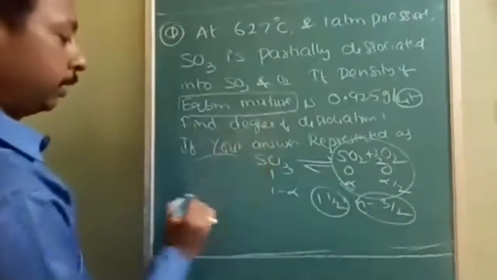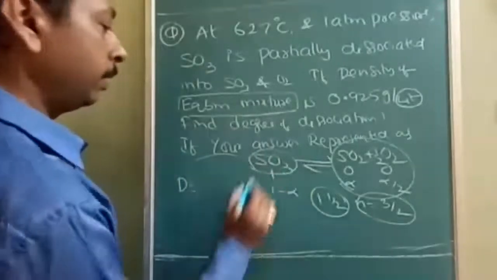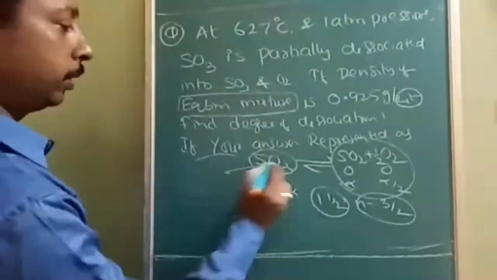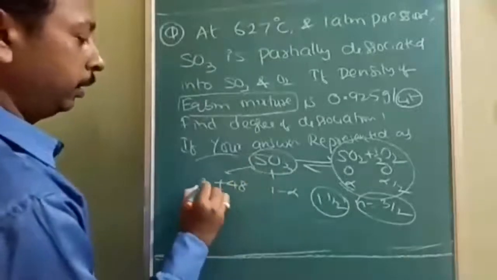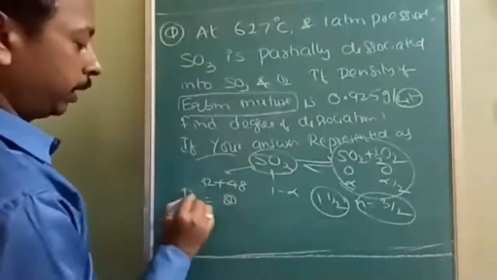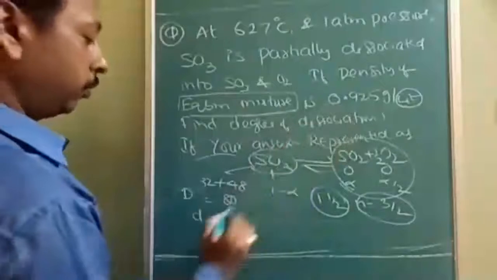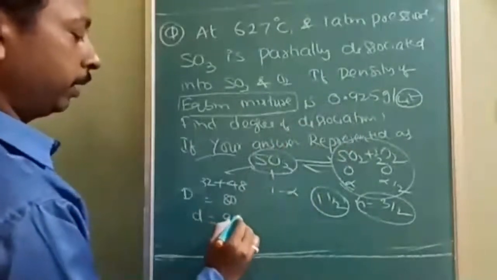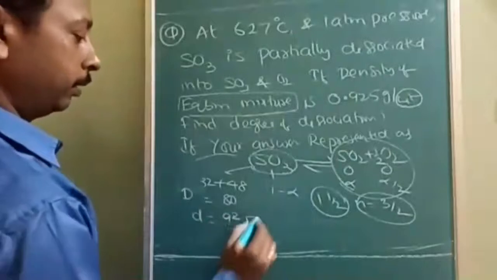Now capital D from SO3: SO3 is 32 plus 48, as 3 oxygens make 48, so it is 80. This is the molecular mass for capital D. And small d is given as 92.5, actually 92.5 grams per milliliter.